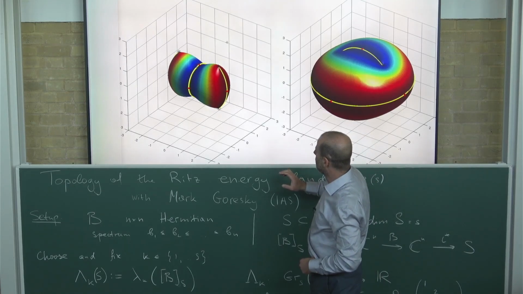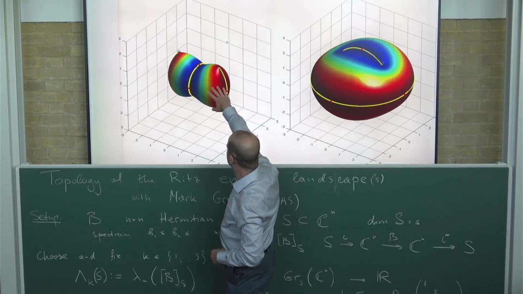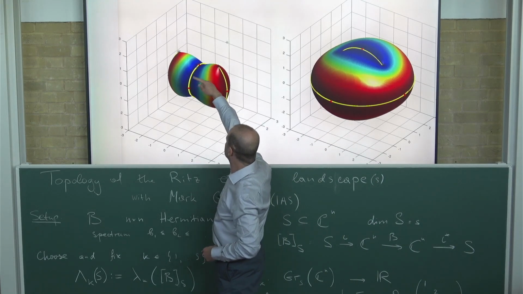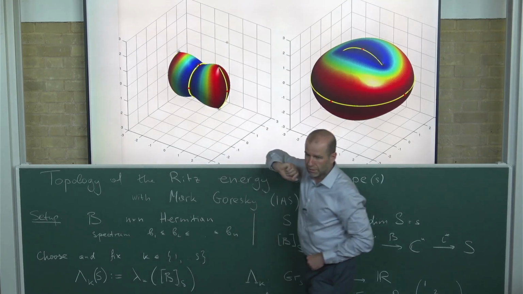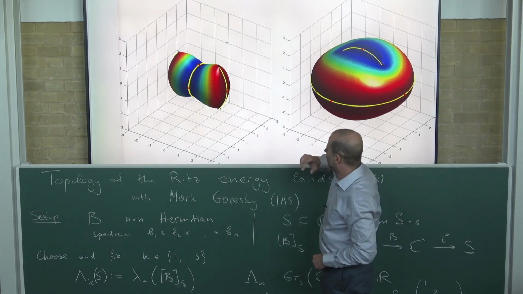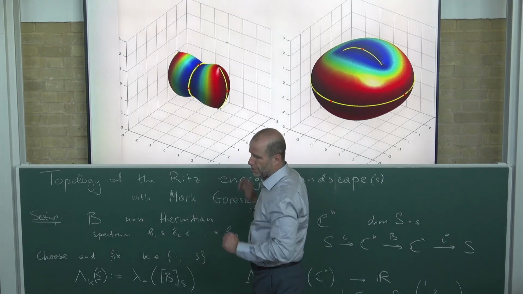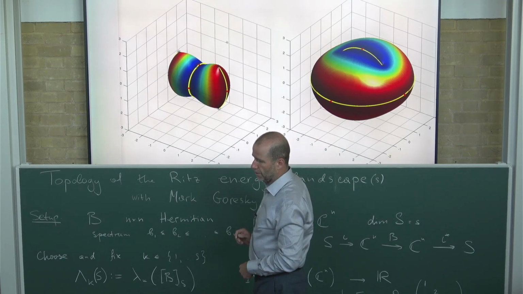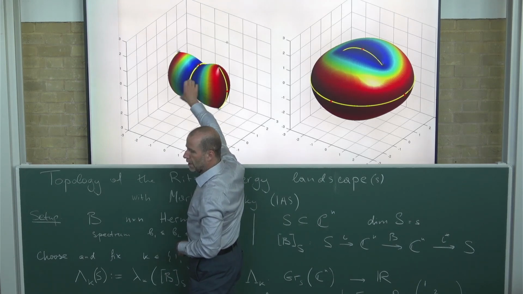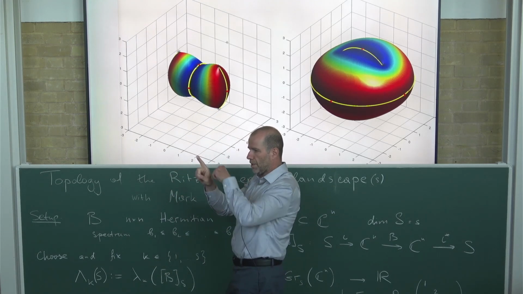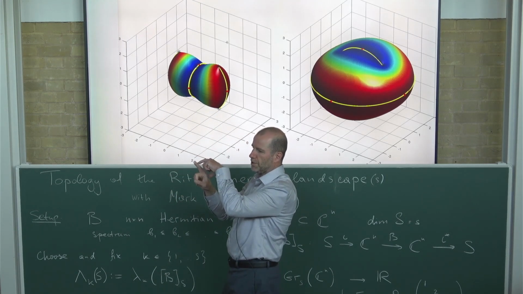But now we see the minimum. This is lambda 1. The minimum is a nice circle, and the maximum is this arc of a circle. The color scale is by magnitude of the eigenvalue. So this is the minimum, the smallest. In the direction of the normal, I'm plotting the point which is the magnitude of the eigenvalue.